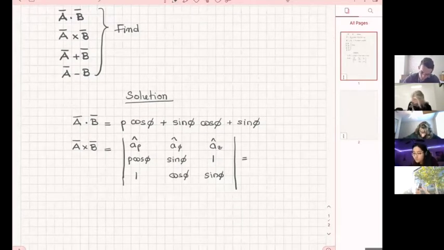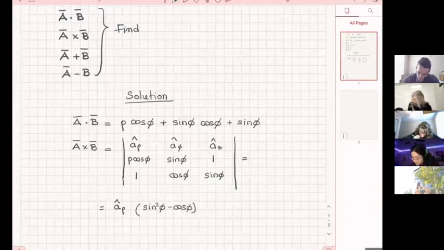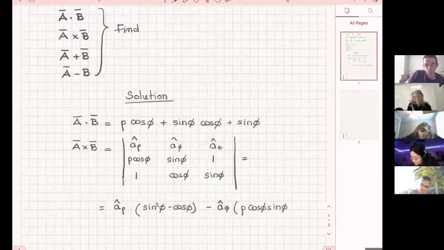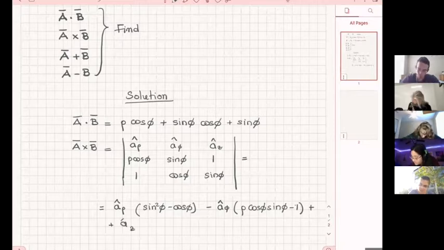And that gives me A sub rho, and then I have sine square phi minus cosine phi, plus A sub phi with a negative, which is rho cosine phi sine phi minus 1, plus A sub z, and then it is rho cosine square phi minus sine phi.